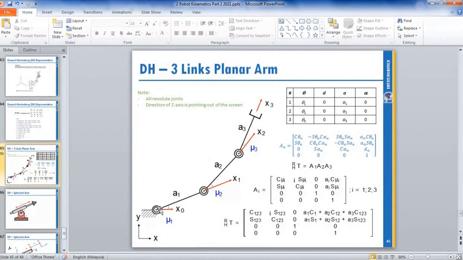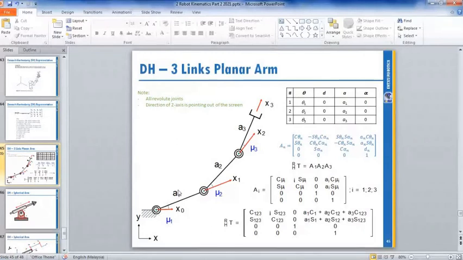For example, for this frame 0, frame 0 to frame 1, so you have theta rotation, theta 1. This is taken from your encoder. And then you have your link length, from joint 0 to joint 1, or frame 0 to frame 1.